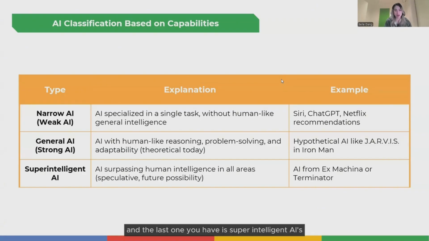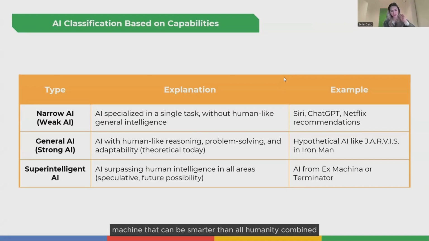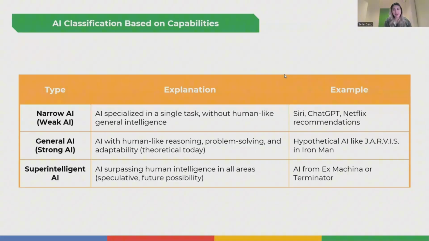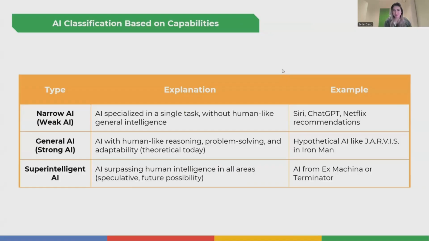And the last one is superintelligent AI, an AI that can surpass human intelligence in every single possible way. This is really a concept of a machine that can be smarter than all humanity combined. Honestly, this is still purely hypothetical, but it does make a great movie plot, right?